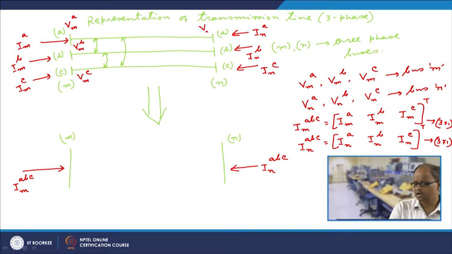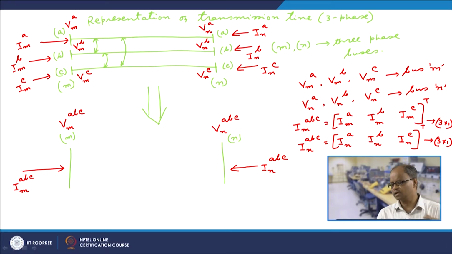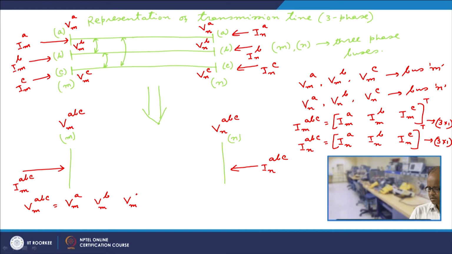Similarly, this voltage will have V_NA, this voltage will have V_NB, and this voltage will have V_NC, and these 3 phase voltages we denote mathematically as a 3 cross 1 vector. So, V_MABC is written as [V_MA, V_MB, V_MC] transpose.